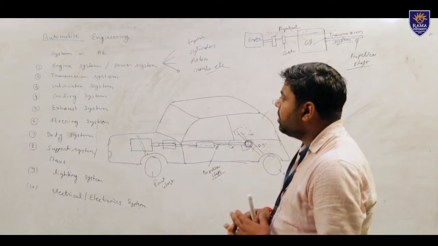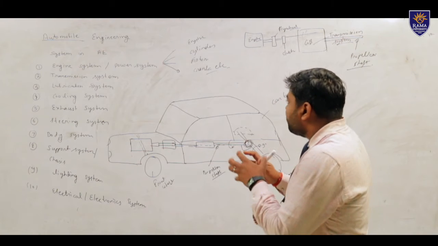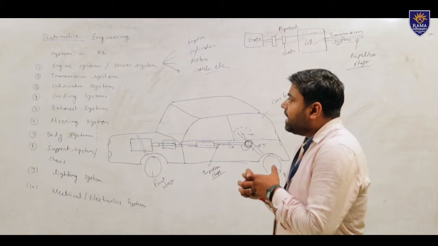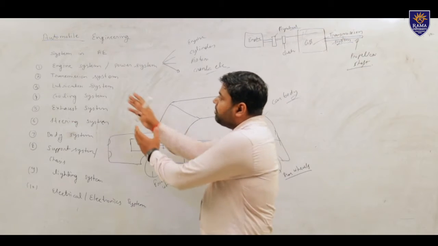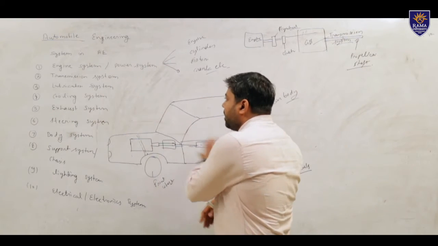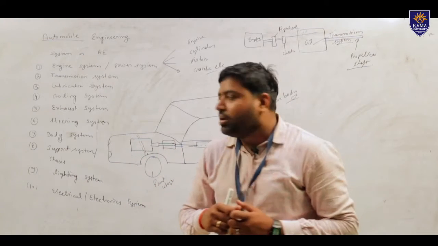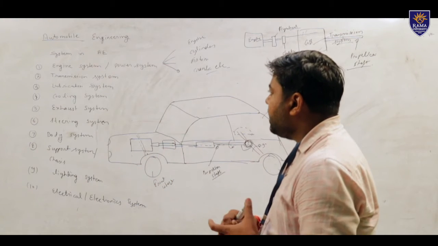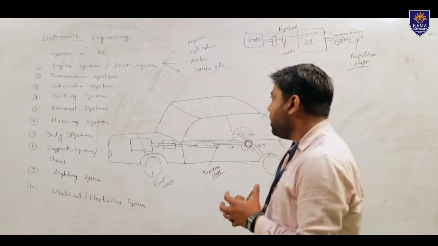Without lubrication, the parts will stick together and will not move properly, so the lubrication system is important. Different types of lubrication are available: lubrication for the parts and lubrication for the engine. For the engine, generally SAE 250 oils or SAE 40 oils are used.